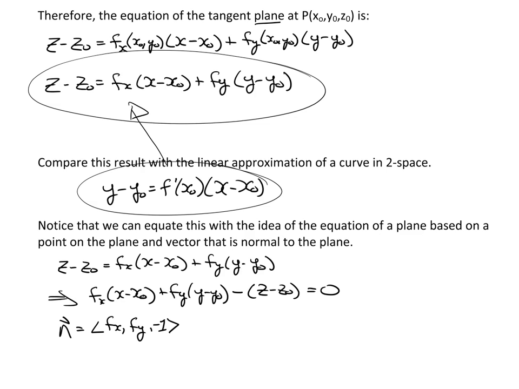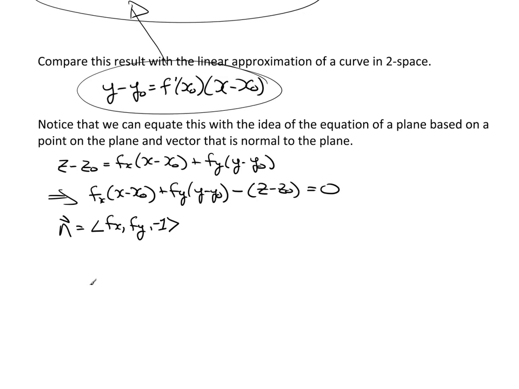So the equation of my plane I can write as the vector partial with respect to x, partial with respect to y, -1, dot x minus x naught, y minus y naught, z minus z naught, equals 0.